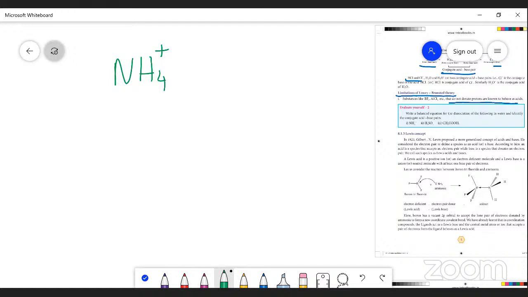So when you dissolve it in water, there is a question: as it dissolves, what is going to happen in the reaction?